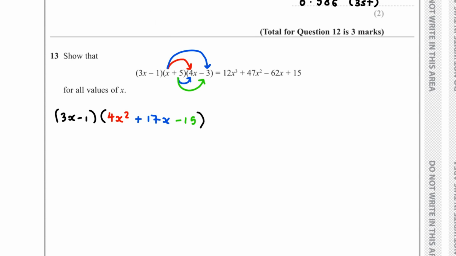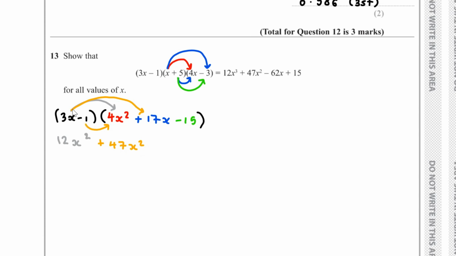And now if we expand these out, we have 3x times 4x squared, so here we will have 12x cubed. Then we have 3x times 17x, that will give 51x squared, and then we have as well the minus 1 times the 4x squared. So altogether here we would have 47x squared.